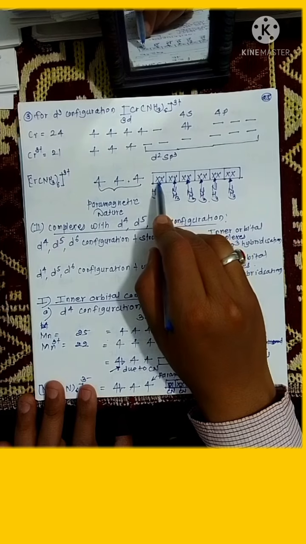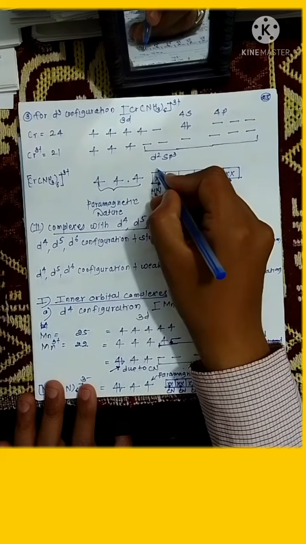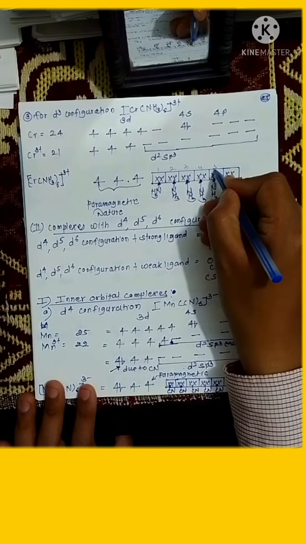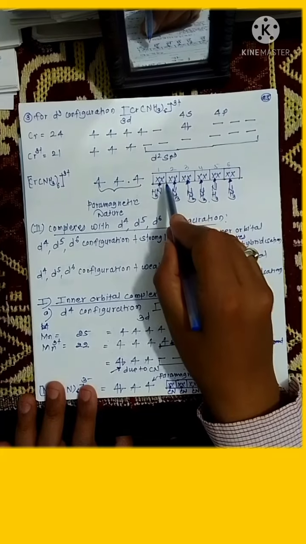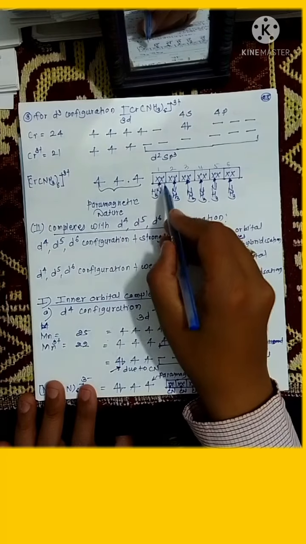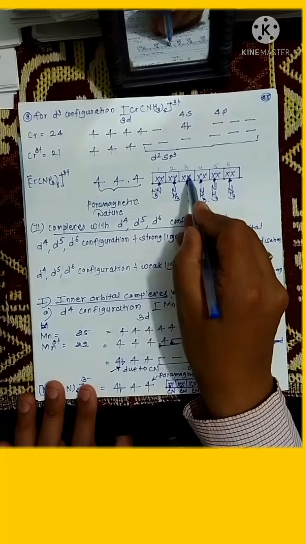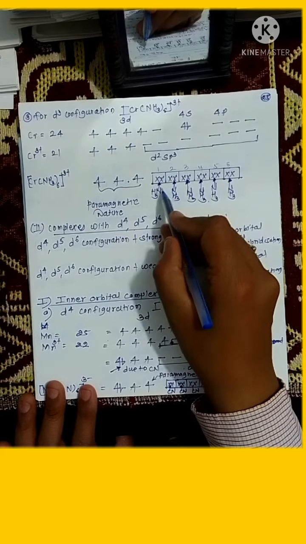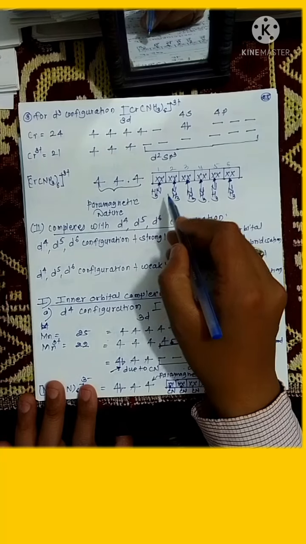Just count the number: 1, 2, 3, 4, 5, 6. In these hybrid orbitals, the ligand, that is ammonia, gives its electron pairs. Since there are 6 ammonia ligands, 6 coordinate bonds are formed.